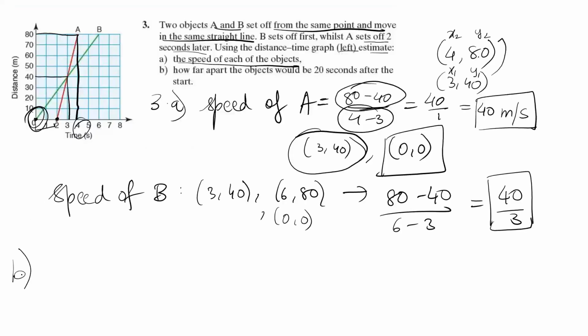Okay. Now the next part is asking, how far apart would the objects be 20 seconds after the start? Okay, so that's interesting. So how would you go about doing this?